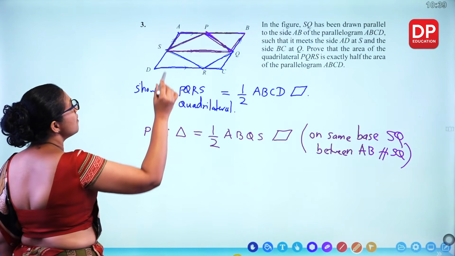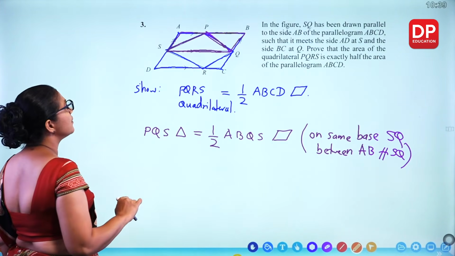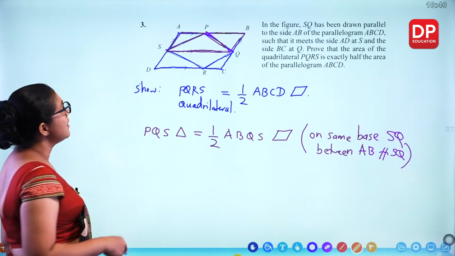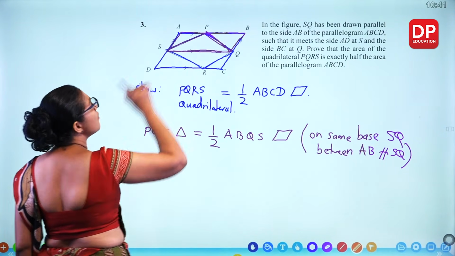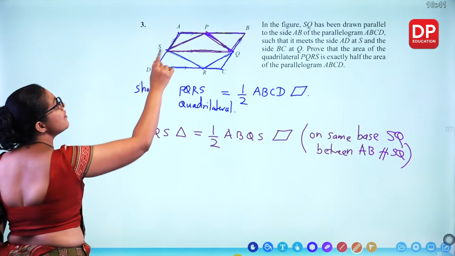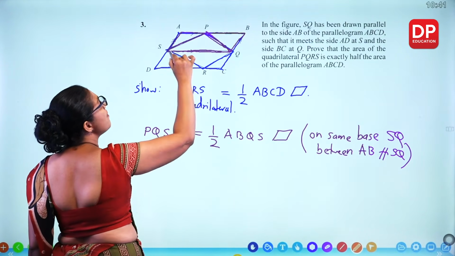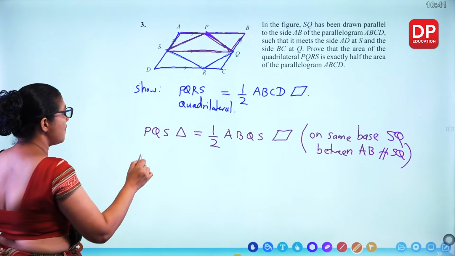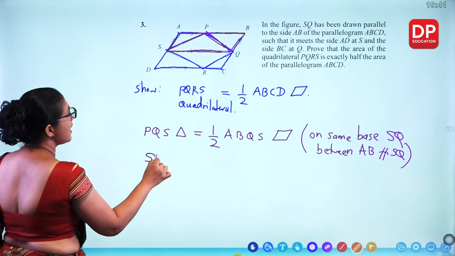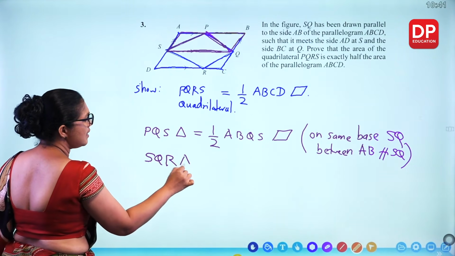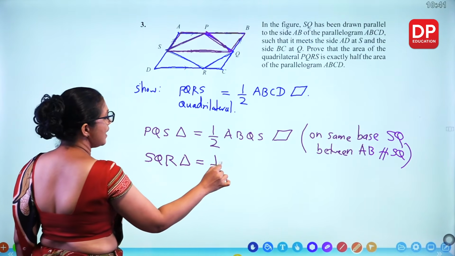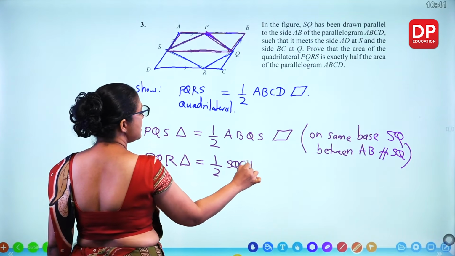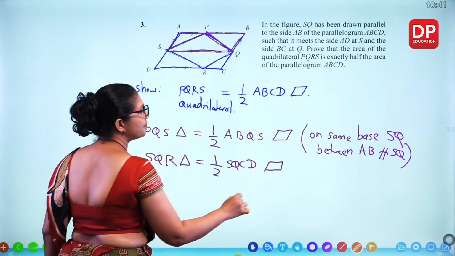And what can I say about this one? When you look at the other side of the triangle, this part, what can you say about this parallelogram and this triangle? We can say SQR triangle is half of SQCD parallelogram.